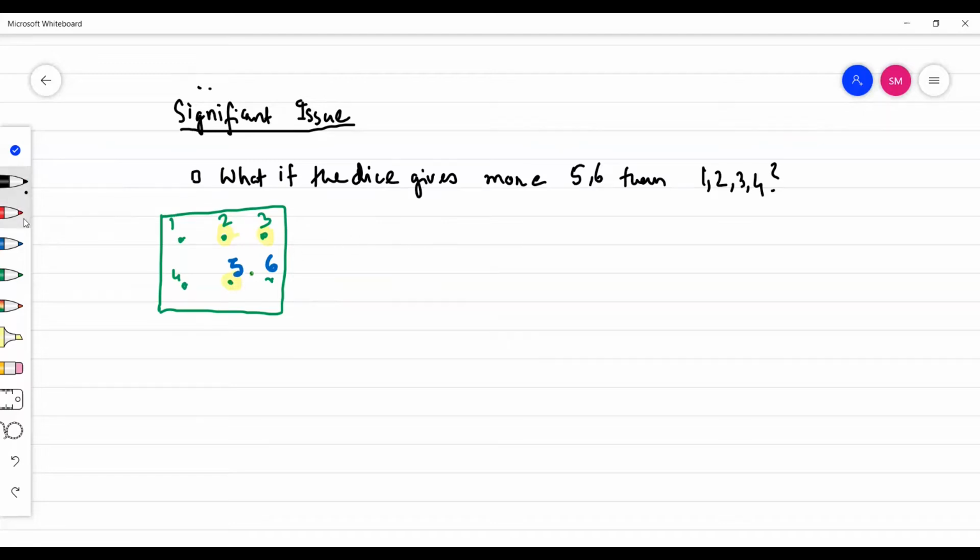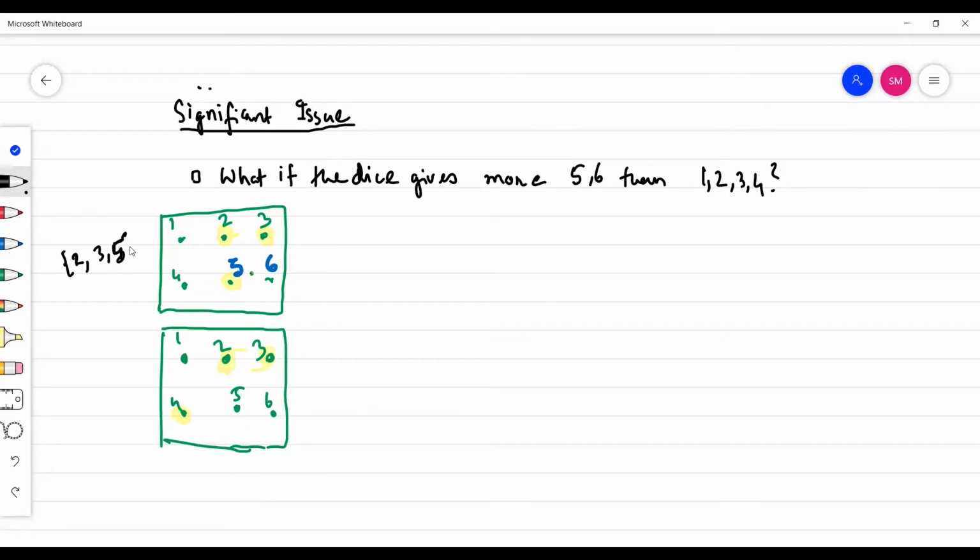Understand this very carefully. In the previous framework, everything had equal weights: 1, 2, 3, 4, 5, 6. Here the event is 2, 3, and 5, and in the equal-weight case the event is 2, 3, and 5 as well.